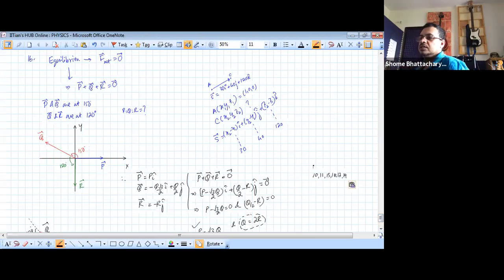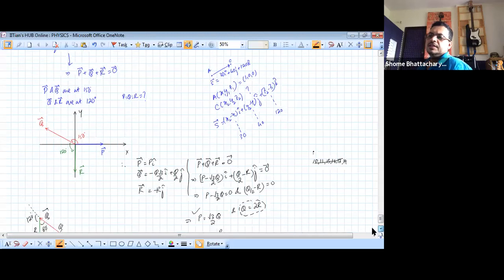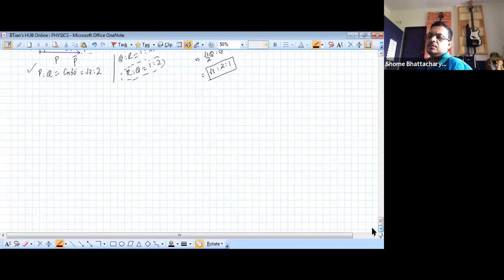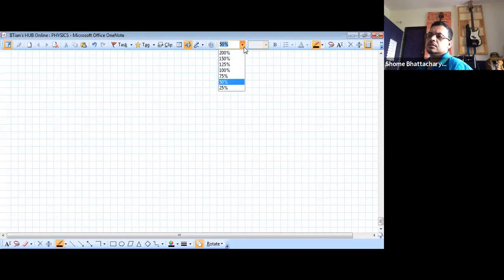So moving on to 17 and 19 now. So 17 you can do very easily by just using geometrical method.